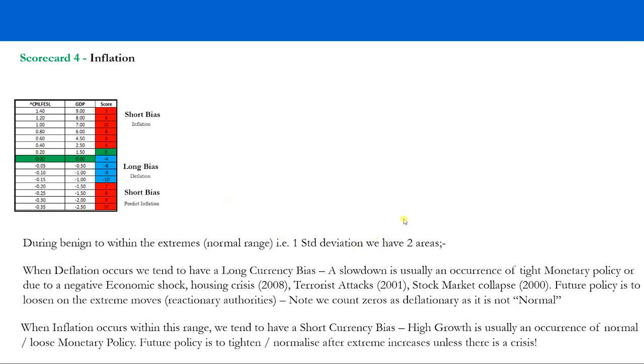Now, slowdowns throughout history are usually occurrences of tighter monetary policy that overshoots, or are due to a negative economic shock. So like the housing crisis we looked at earlier in 2008, and also in recent history, the terrorist attacks in 2001 and the stock market collapse in 2000.